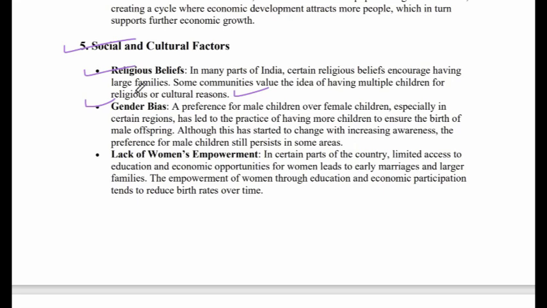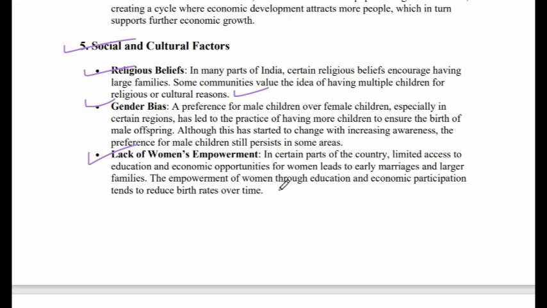Regional beliefs and religious beliefs also matter. Lack of women's empowerment. In certain parts of the country, limited access to education and economic opportunities for women leads to early marriages. Since they are not educated and they don't have any source of livelihood, they are made to marry at a very early age and have larger families.